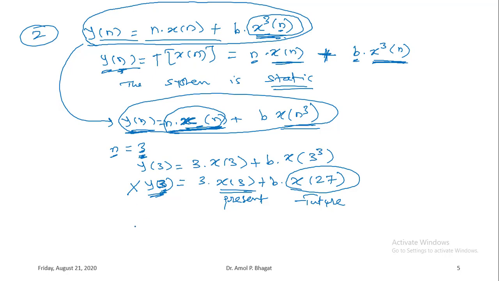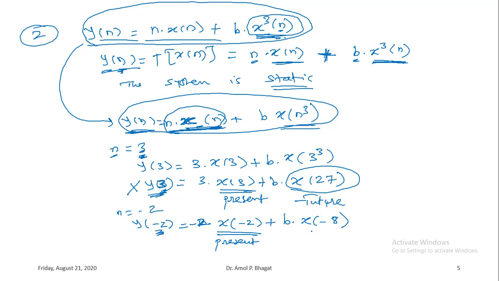It may be negative or it may be positive. So again, if you consider the value of n equal to -2, just for example, the equation will be y of -2 equals -2 into x of -2 plus b into x of -2 cube. So what will that value be? It will be -8. So in this case, this will again be a present input sample, because the current time unit I have taken is -2, right?